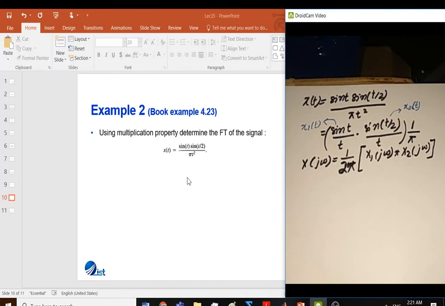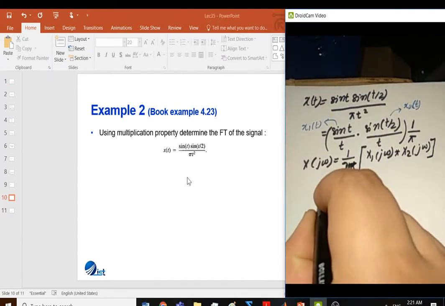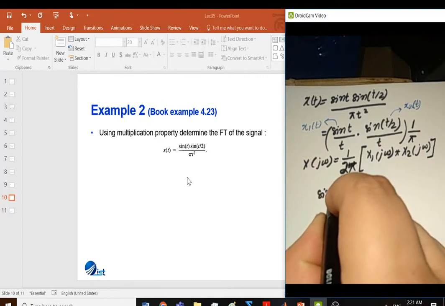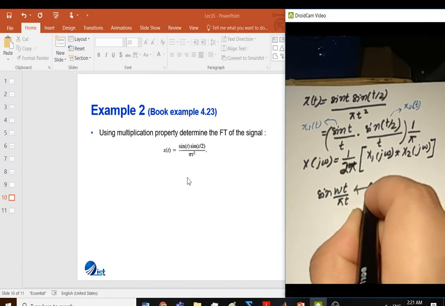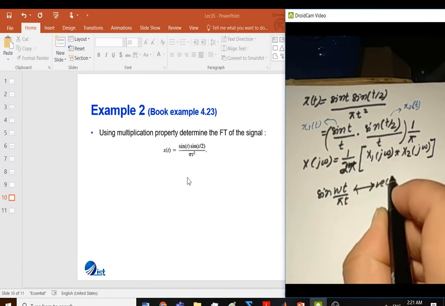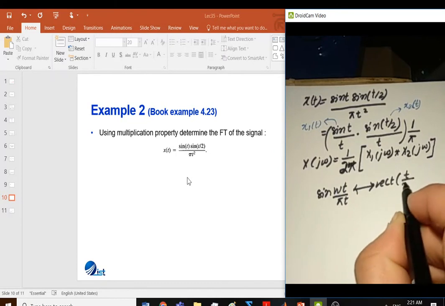Using Fourier transform pair 9 from your table 4.2, or otherwise as we have done in example 1 of lecture 32 and example 6 of lecture 33-34, we know the Fourier transform pair: sine omega t by pi t equals rect of omega by 2w.